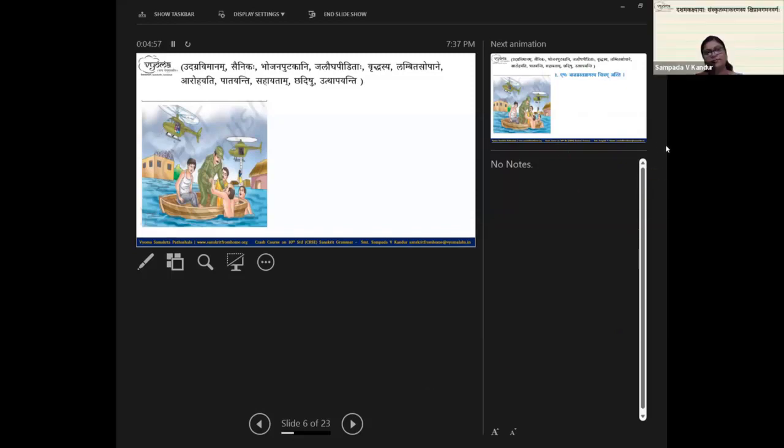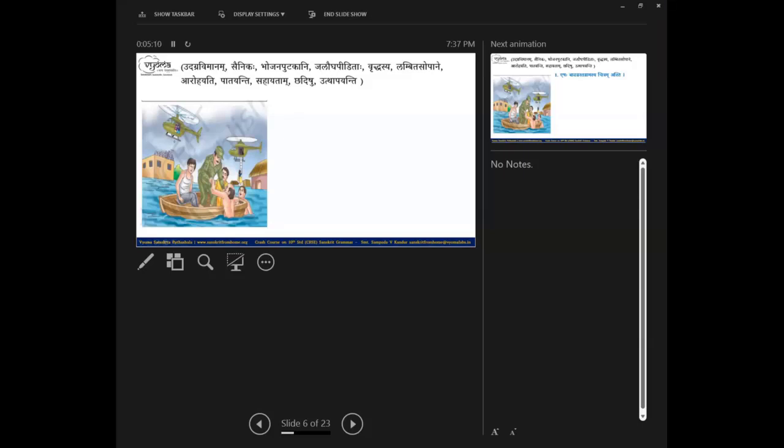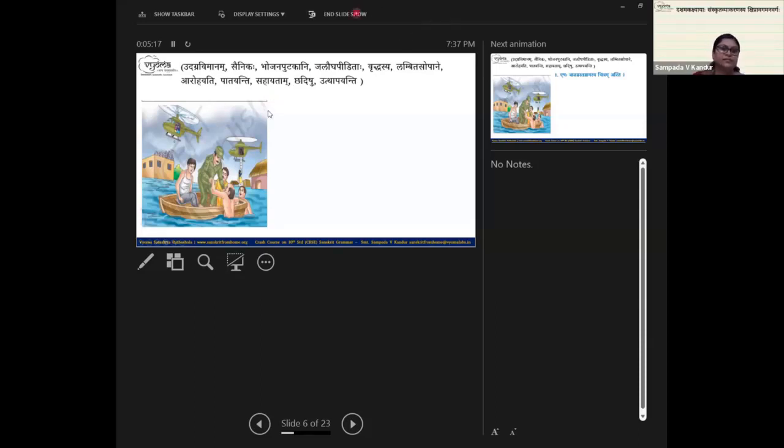Okay. Then this part, can you see people on the roofs of houses? Yes, ma'am. Some are on the top of the buildings. Yes. And what are they doing? See here, this part.